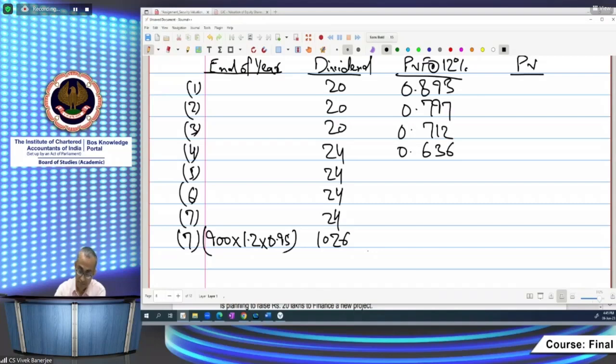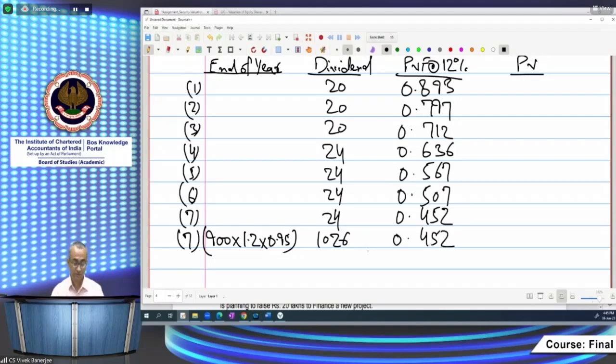For fifth year 0.567. For sixth year 0.507. For seventh year 0.452. Now we have calculated the present value factor. Let us multiply this with the dividend or the selling price at the end of the seventh year.